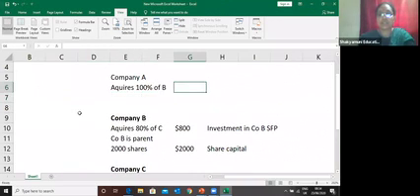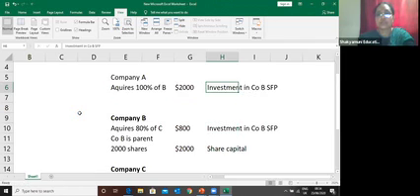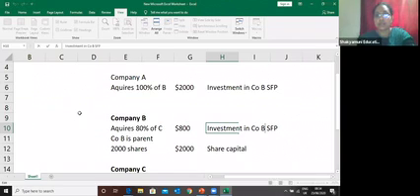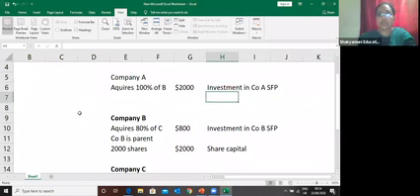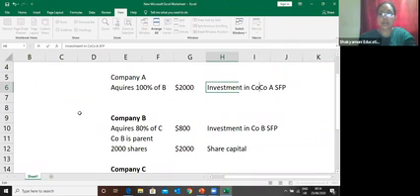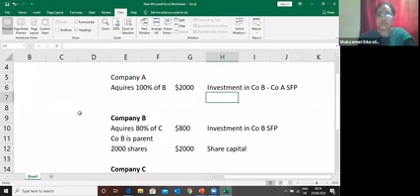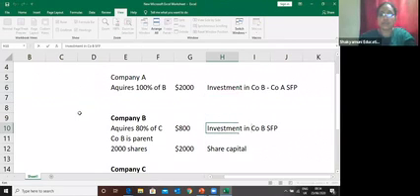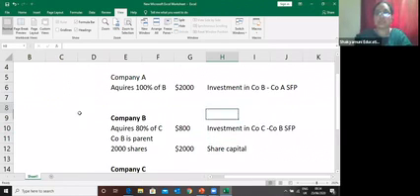That means how much it purchased, assuming purchased at face value, par value, right? So investment in company B will be shown in company A's financial statements. Here investment in company C will be shown in company B's balance sheet.